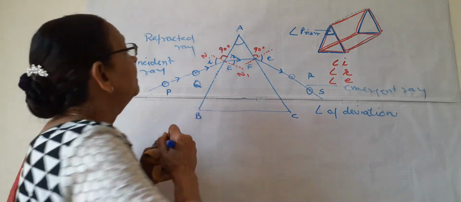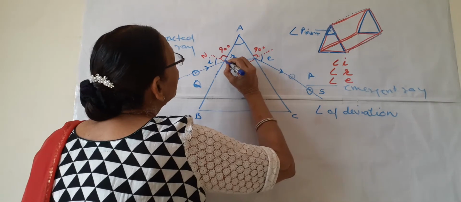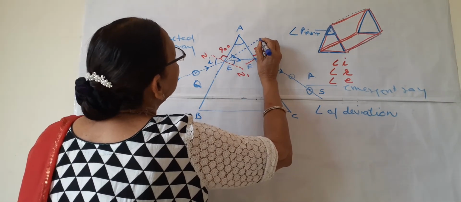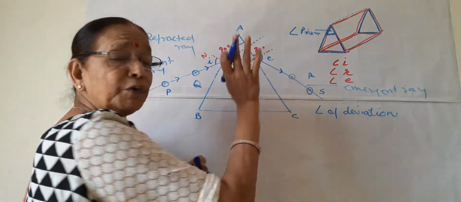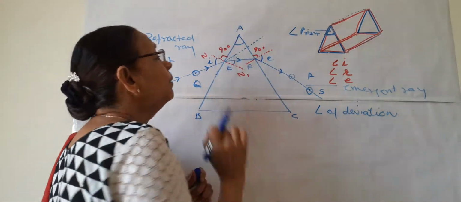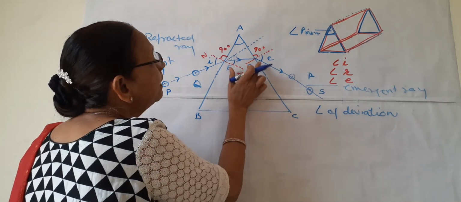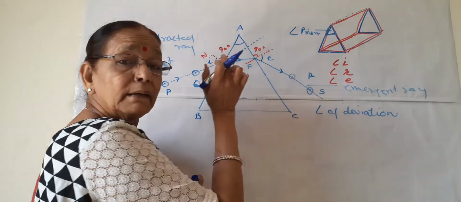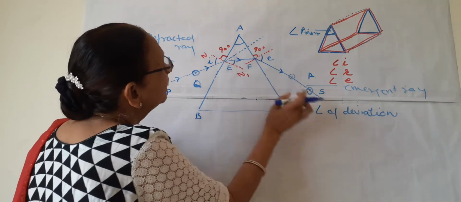Suppose this prism would not be there, then this ray which is coming like this should go straight like this. It is bending due to this prism. How much bending is there? This is how this ray is bent.